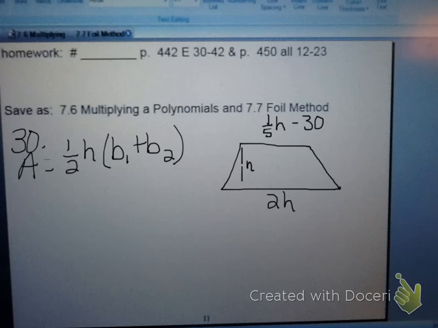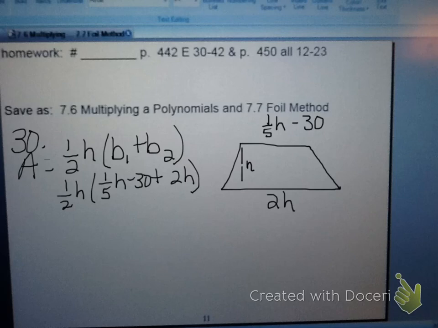I do want to do number 30 for you. If you will read number 30 in your book, this is what it draws out to be. So I am going to plug in my base 1, which is 1/5 h minus 30, plus my second base, which is 2h.